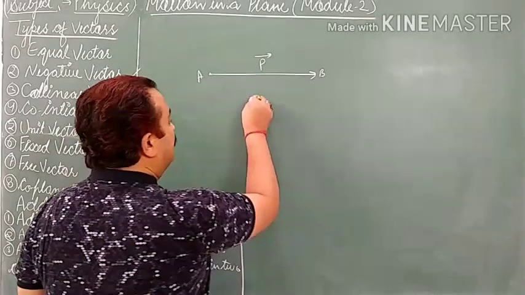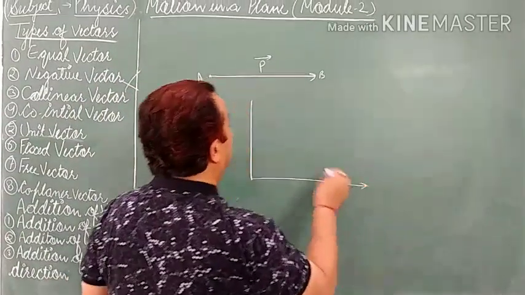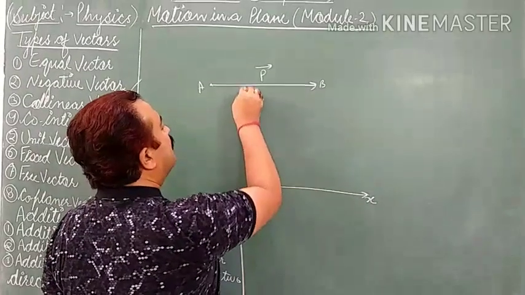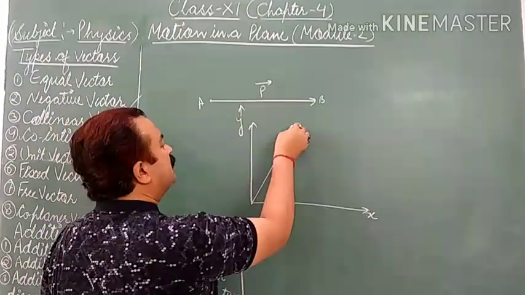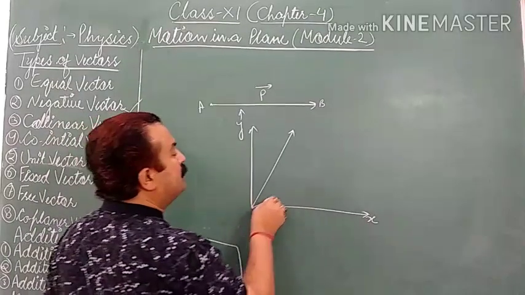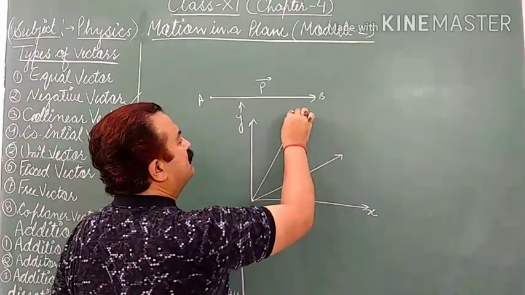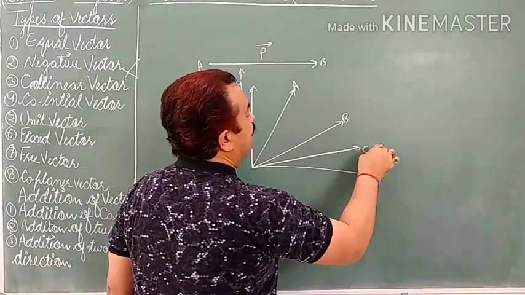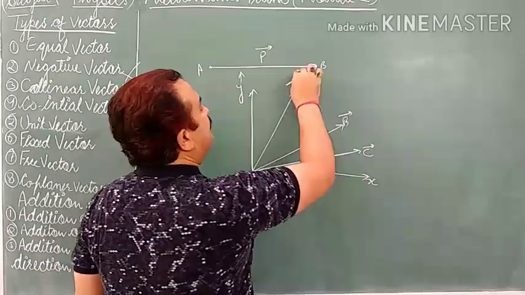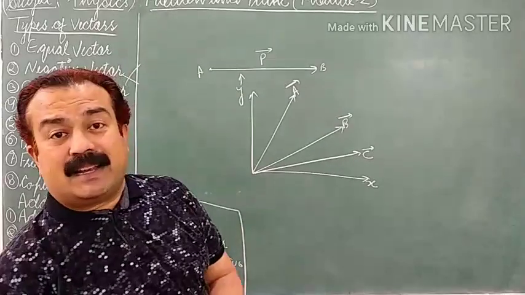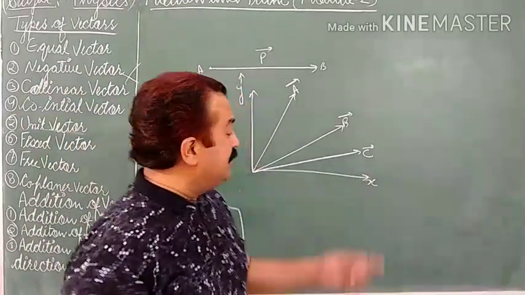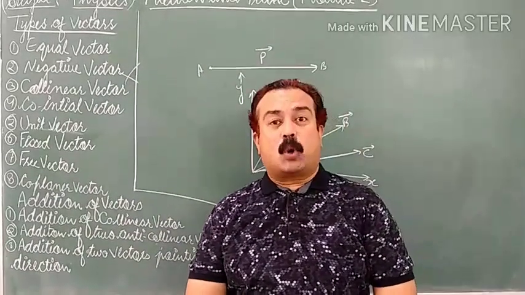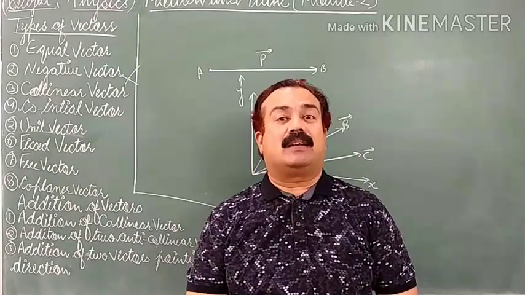So I am saying here, let's say this is the x-axis, this is the y-axis, this is one of the vectors, this is another vector, maybe this is A vector, maybe this is B vector, and maybe this is C vector. So you can see these are three vectors but lying in the same plane, or you can say in the xy plane they are lying. That's why these vectors are called coplanar vectors.